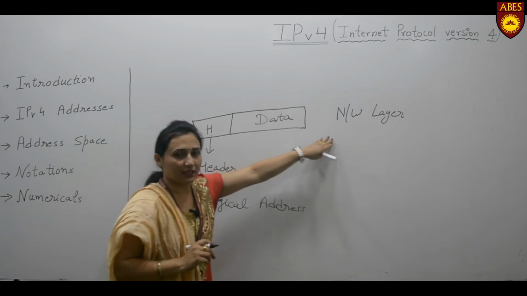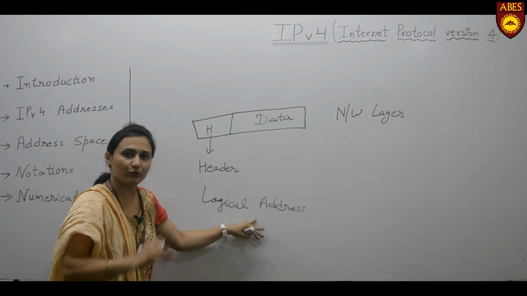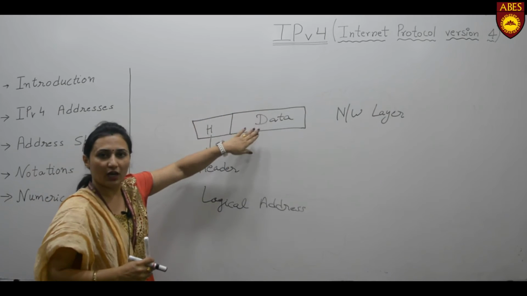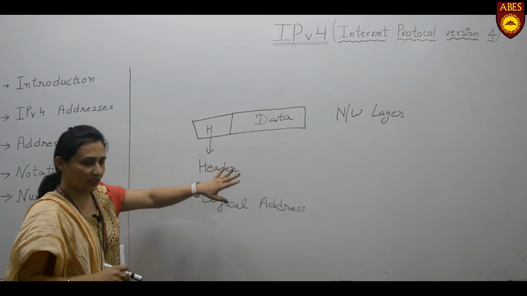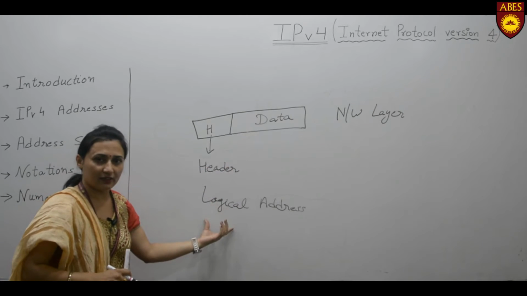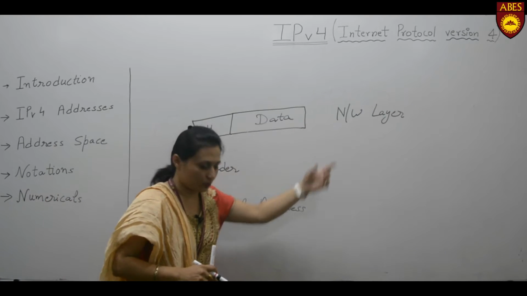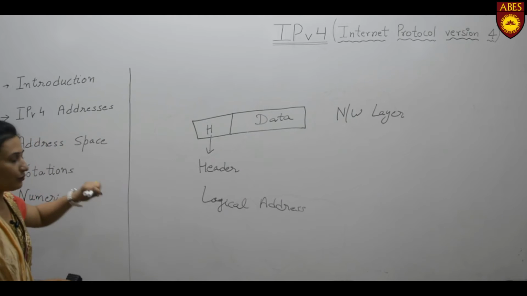That means the network layer is the main layer which adds the logical address of the source and destination to the data coming from the upper layer of the TCP/IP protocol suite. As I have earlier told, the logical address is provided by the network layer. So this was the introduction part of IPv4.